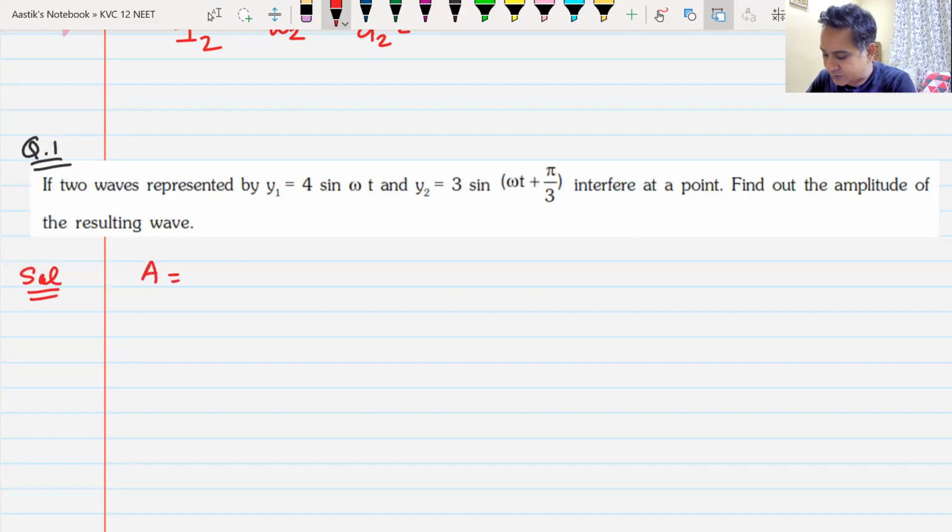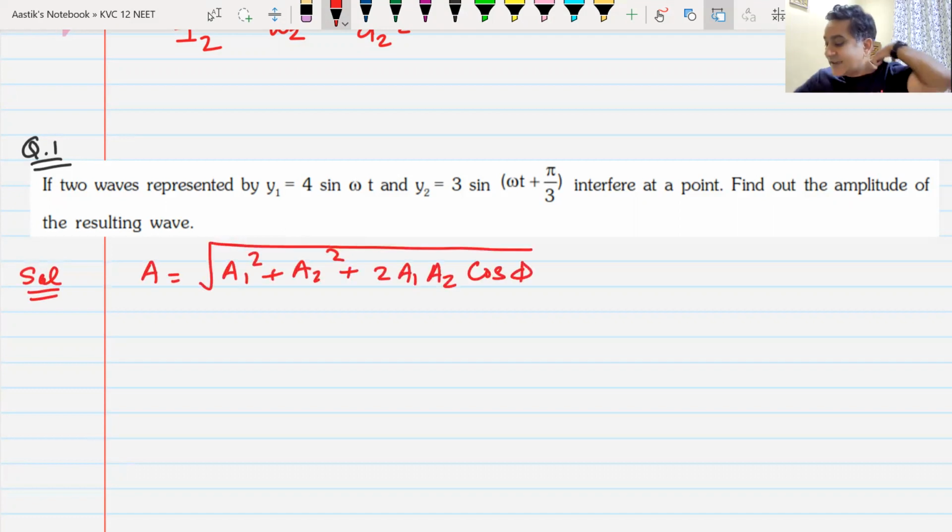The formula of resultant amplitude is A1 square plus A2 square plus 2 times A1 A2 cos of phi, and we take the square root of this entire thing. A1, the first amplitude, is 4. A2, the second amplitude, is 3. And this angle phi is the phase difference, it is pi by 3.